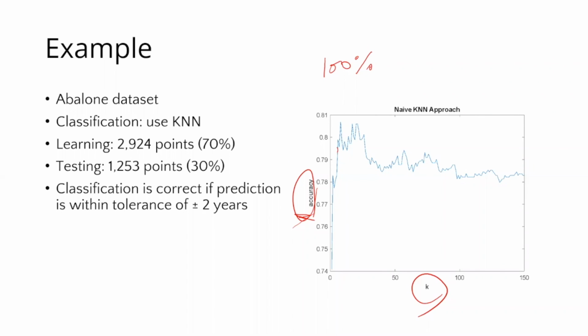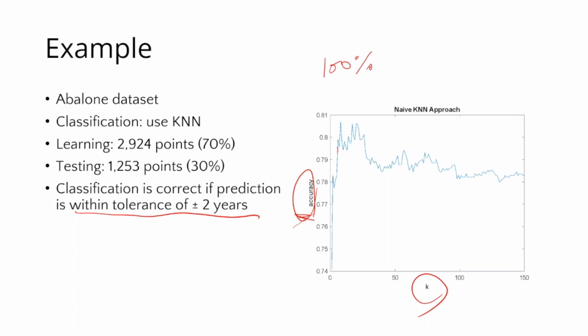Accurate or not is defined within a tolerance of 2 years. If the error of the age prediction is within plus or minus 2 years, then we consider that an accurate prediction. Otherwise, we consider it an inaccurate prediction.